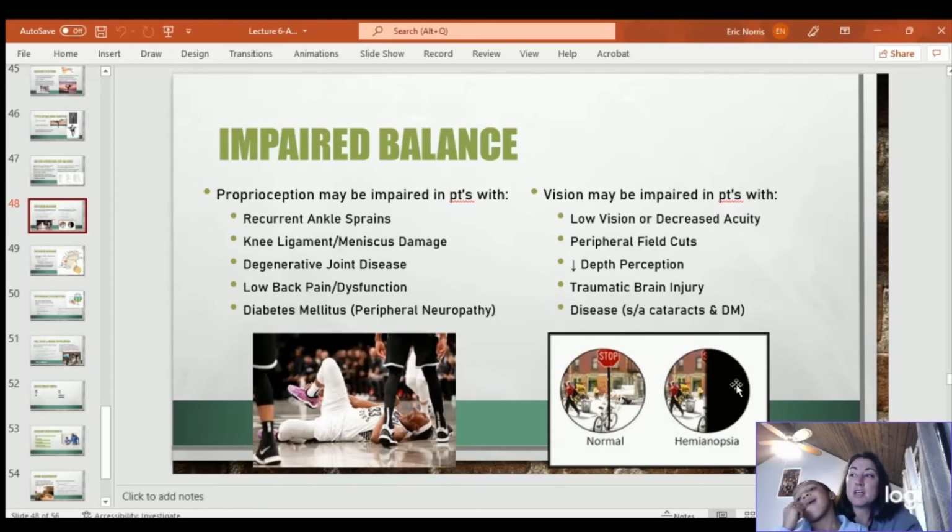Peripheral field cuts are where there's a portion of the area that they're just not seeing, either because of eye damage or, most of the time, because of neurological damage to the part of the brain that interprets that data. People may have decreased depth perception. They may have had a brain injury or a stroke or any type of neurological injury that might affect the eyes. And diseases like cataracts, diabetes, and multiple sclerosis all affect vision as well.